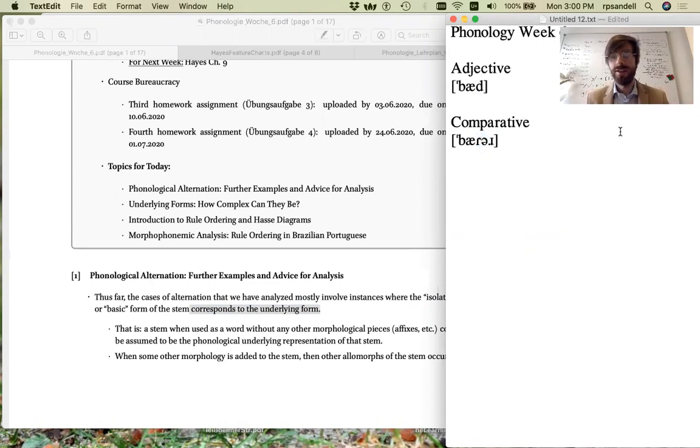I've written the approximant here. That's not important. The important thing here is that the stop, as it occurs in the isolation form, is there in the underlying representation of this adjective.